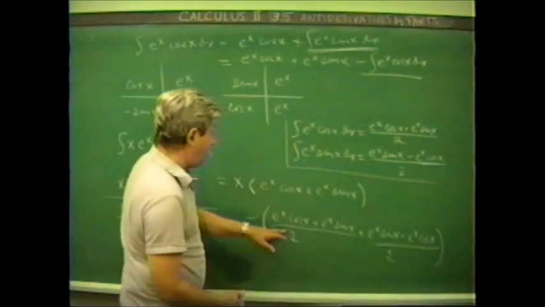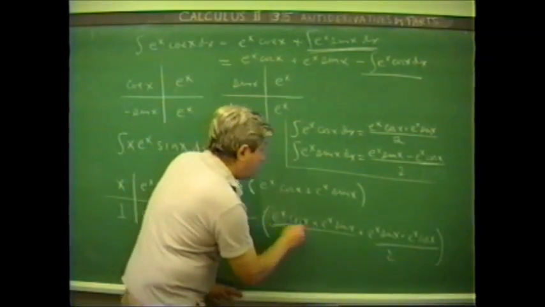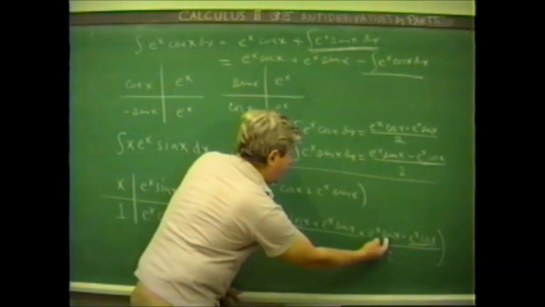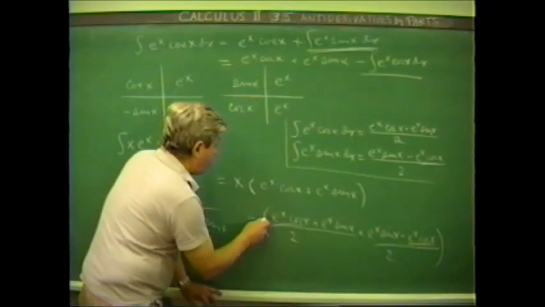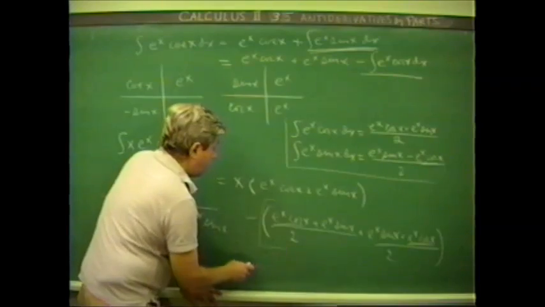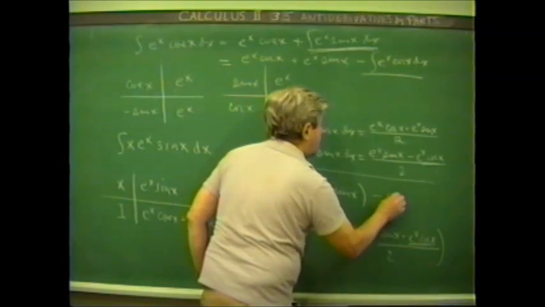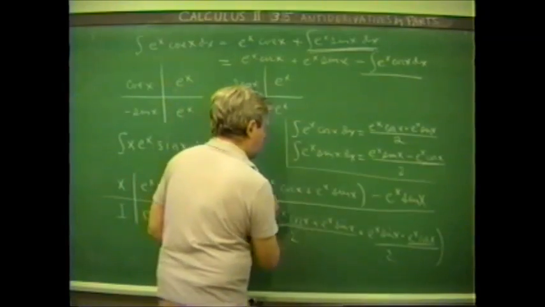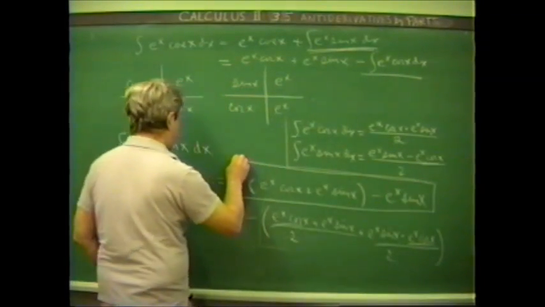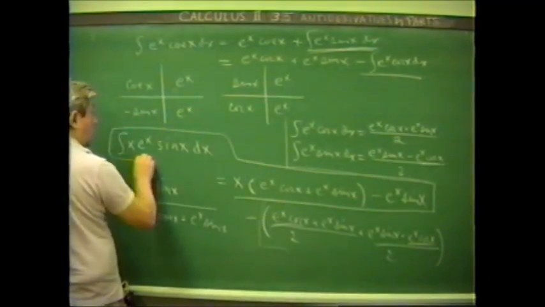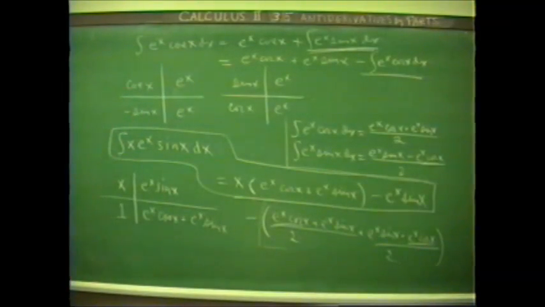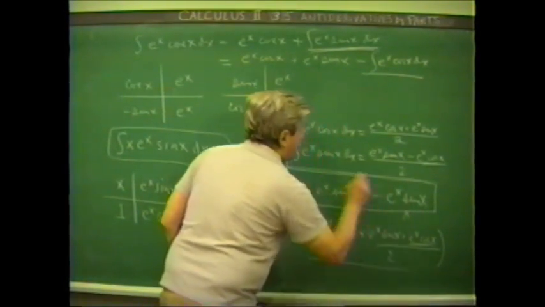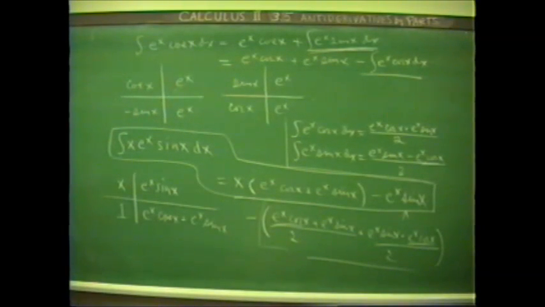And this, of course, can be simplified because you've got this minus this, and so we're going to end up with e to the x sine x. So this whole quantity right in here can be replaced with minus e to the x sine x. And so here's the answer for this antiderivative.